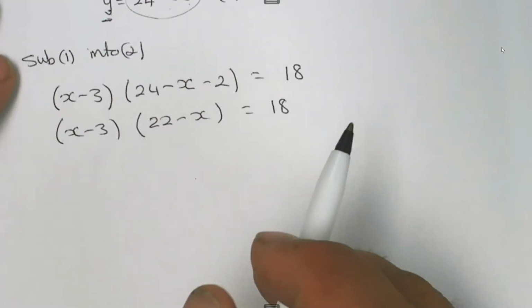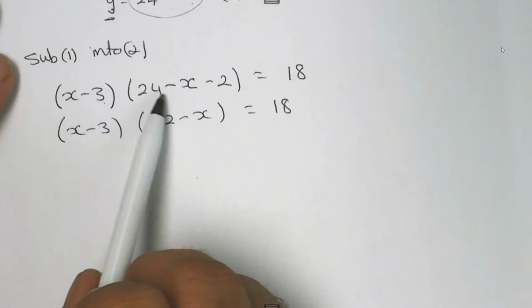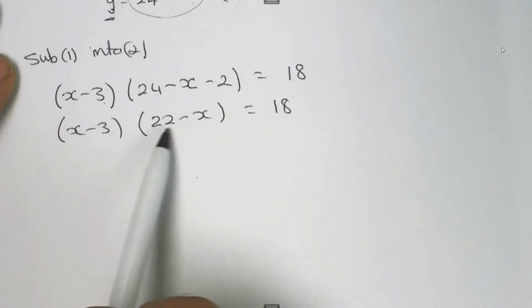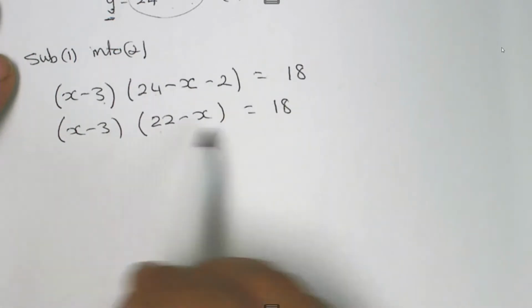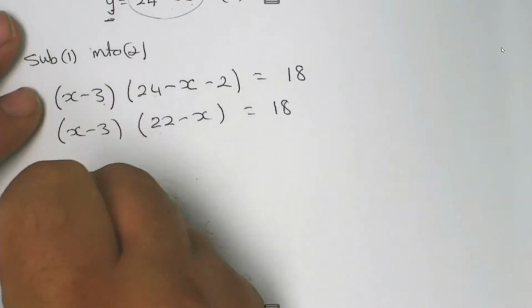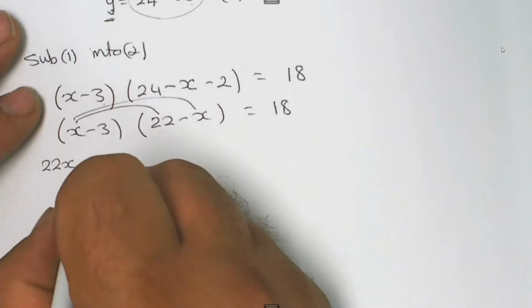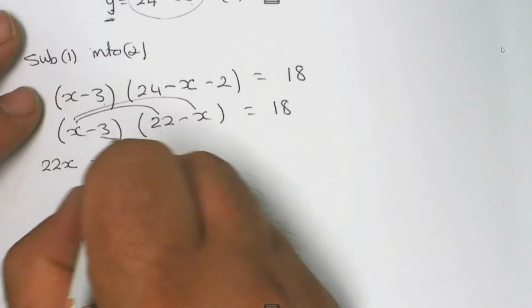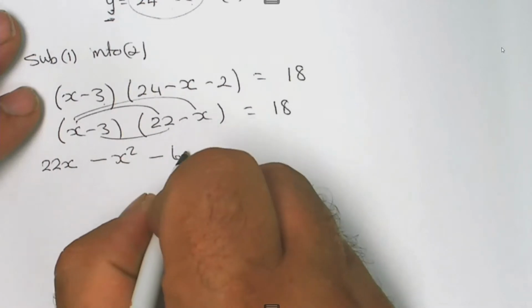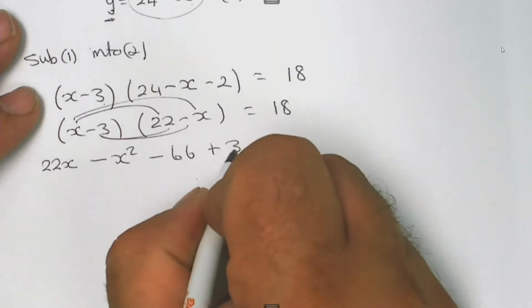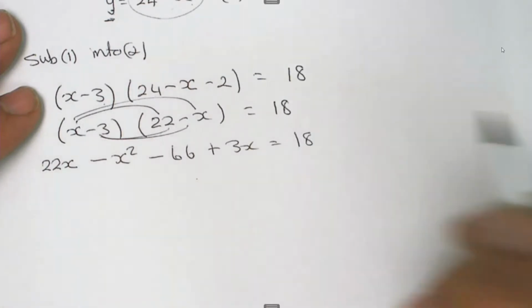I repeat, x minus 3, this here becomes 24 minus 2 is 22 minus x is 18. Let's multiply out. x times 22 is 22x. That becomes negative x squared. This here becomes negative 66. This becomes plus 3x is equal to 18.